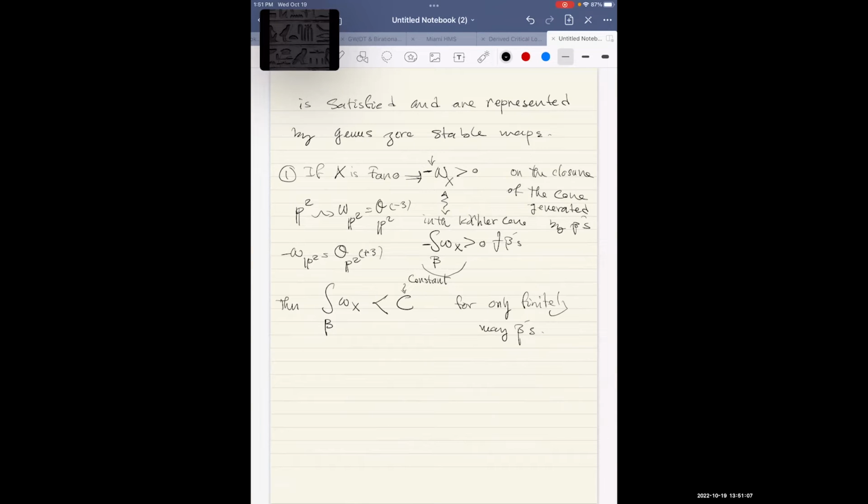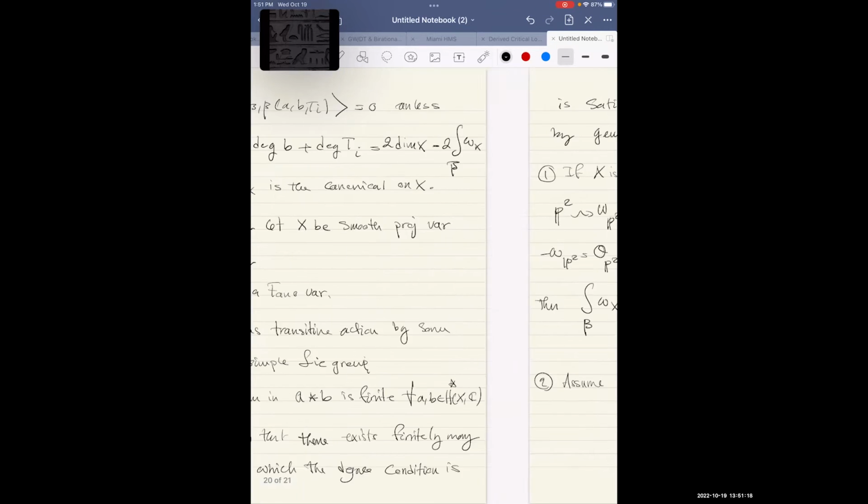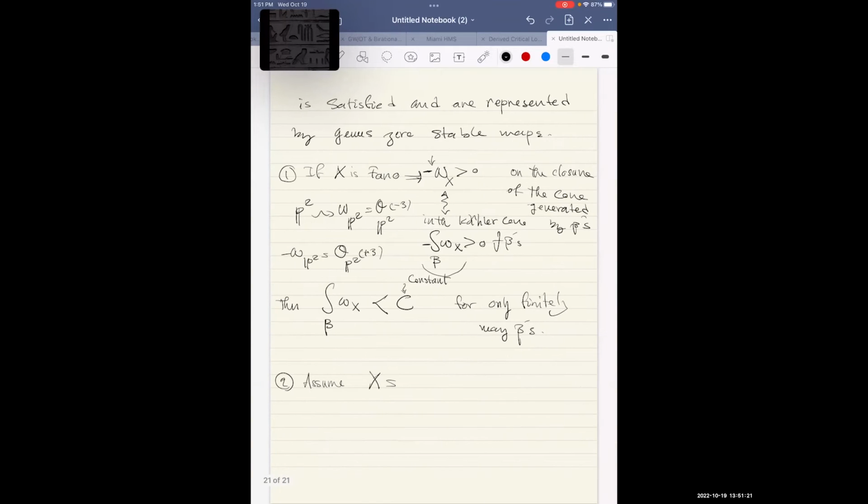Okay, so now, next, assume X has a transitive action of a semi-simple Lie group. So it's going to be something like a Lie group divided by some parabolic subgroup. Yeah. Then the cohomology of this variety X is known.